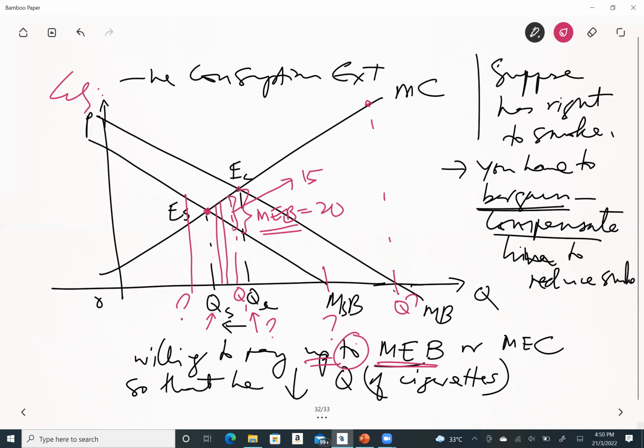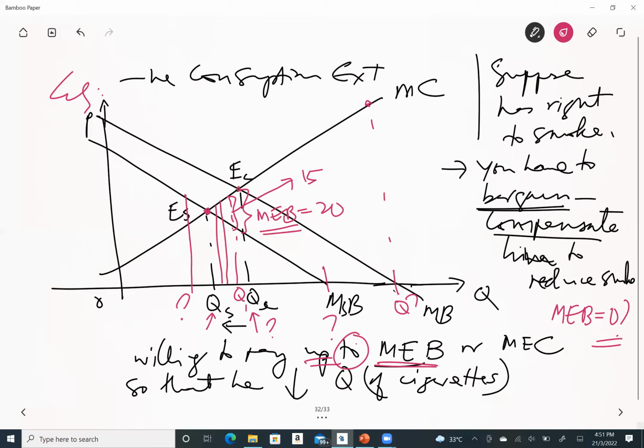Why at QS? Because at QS, what is the MEB? It is 0. There is nothing more, because your additional marginal benefit is 0.